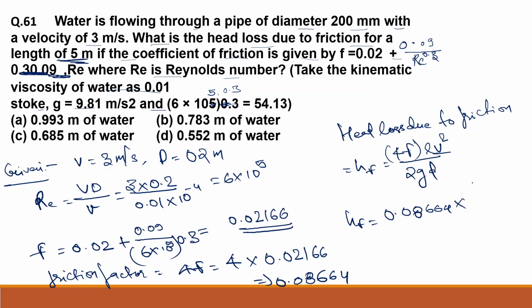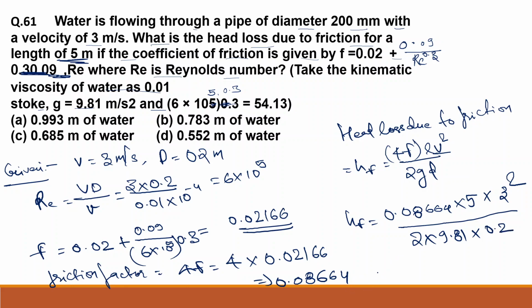We will apply 5 into V square. Velocity is 3, so 3 square, and 2 into 9.81 into D, which is 0.2.